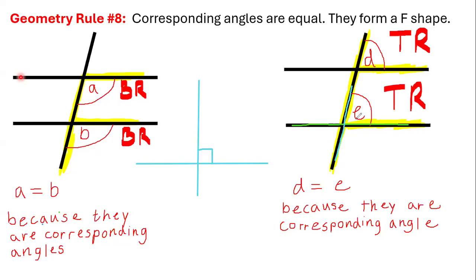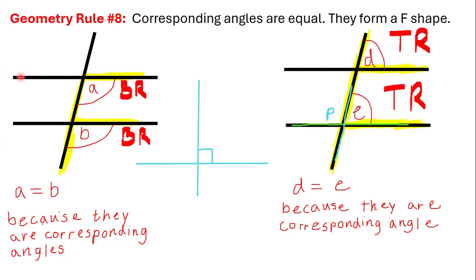We just know that E is on a straight line, and let's call the other one P. E and P add up to 180, but we don't know the proportion. E could be 50 and P is 130, or E could be 40 and P is 140, or P could be 160 and E is 20. They just add up to 180. It's not that it's half of it.